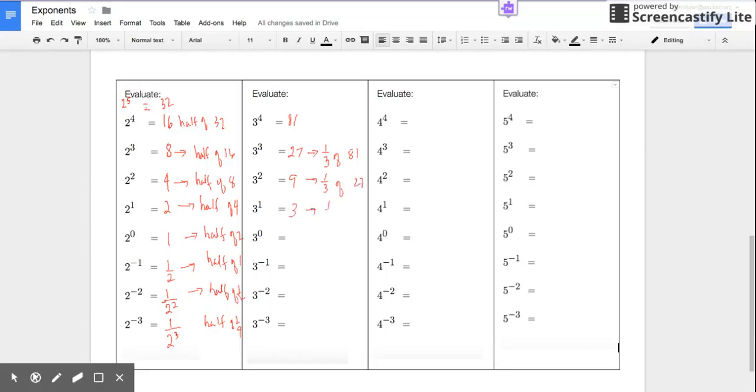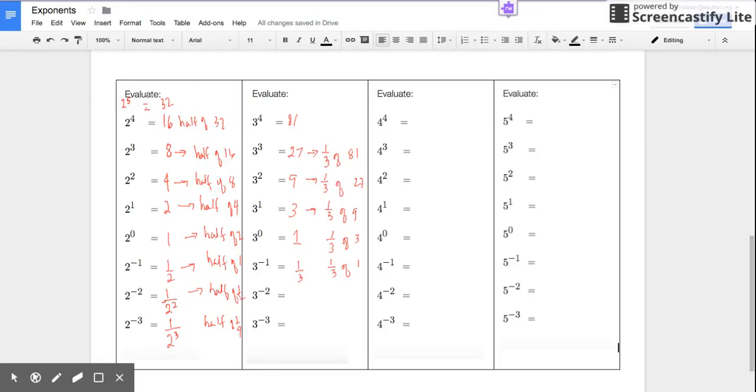So if I continue the pattern for 3 to the 0, even if I'm not quite sure what it is, I know it's going to be 1/3 of 3, and that's going to give me 1. And therefore, 3 to the negative 1 is 1/3 of 1, which is going to give me 1/3, or 1 over 3 to the 1st.